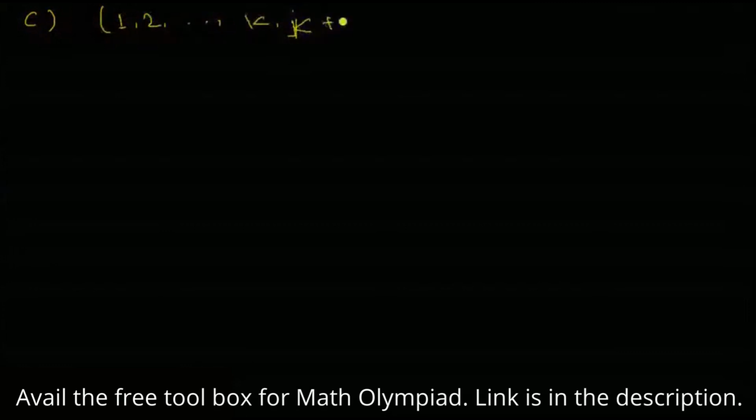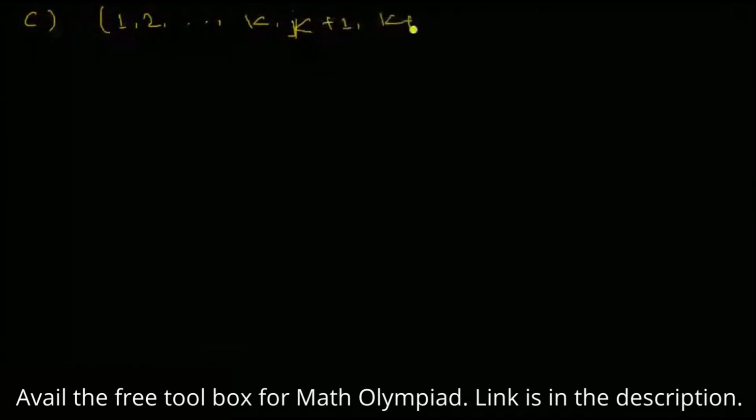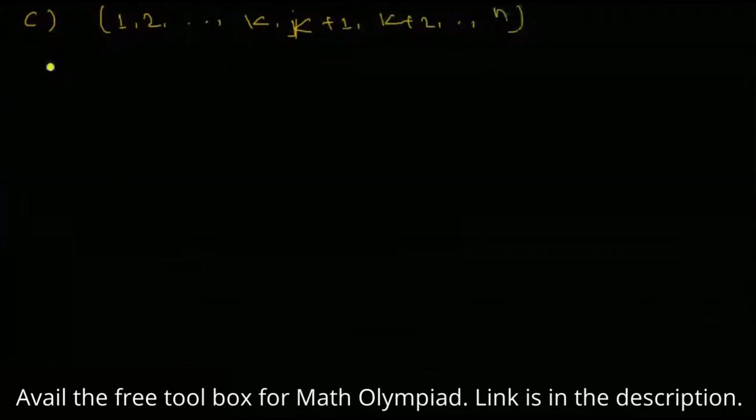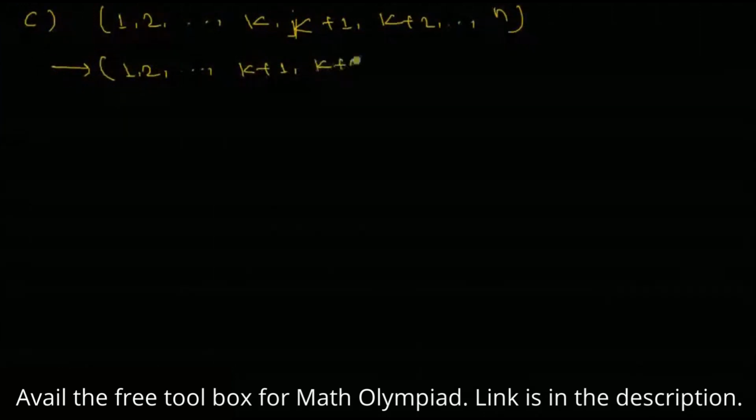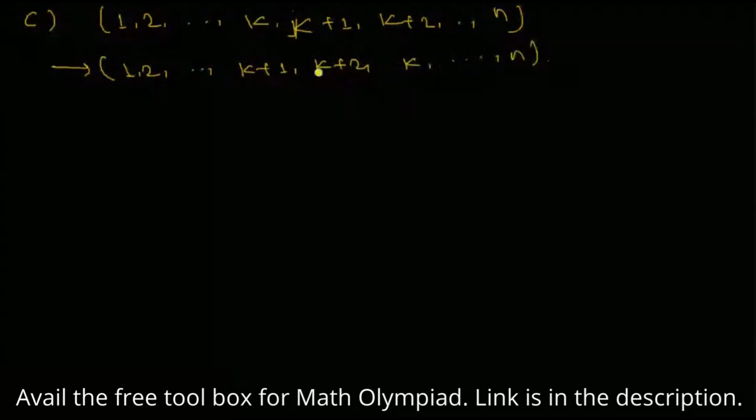If this is, sorry, k plus 1, k plus 2 up to n, then if the transformation is 1 to k plus 1, then k plus 2, k up to n, right?